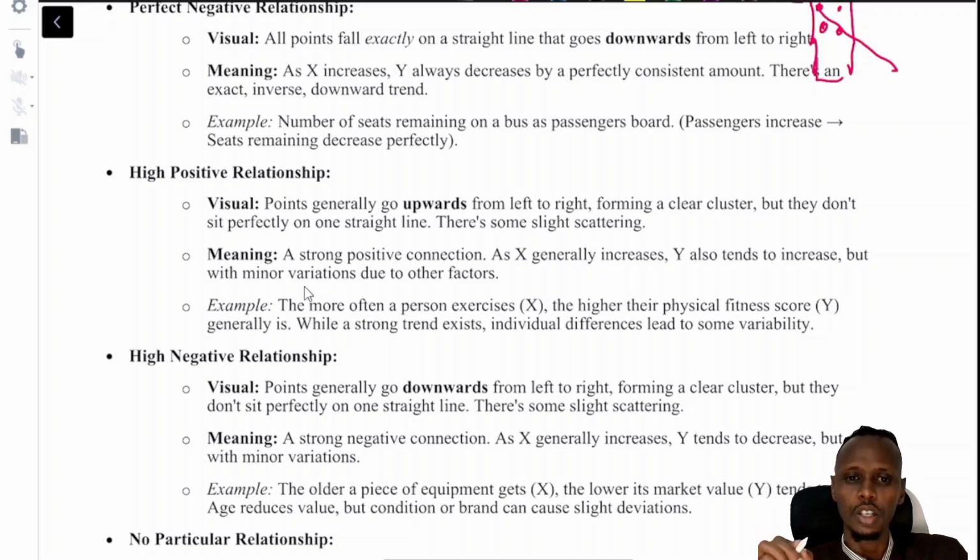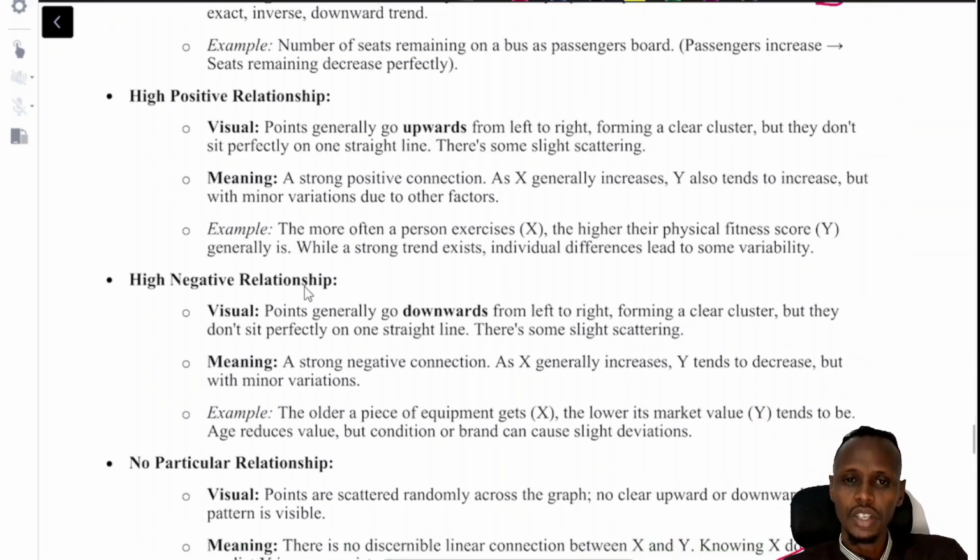That slight variation gives a negative relationship, but not as perfect as the first perfect negative relationship, like the bus, where as people sit, the seats reduce. That is perfect, but this one is not perfect because there are some variances.